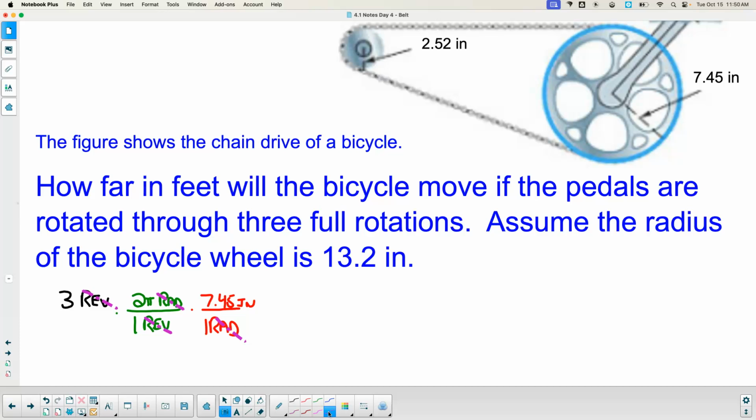So we're now on the wheel sprocket. Okay? So 2.52 inches is 1 radian of the wheel sprocket. Correct?